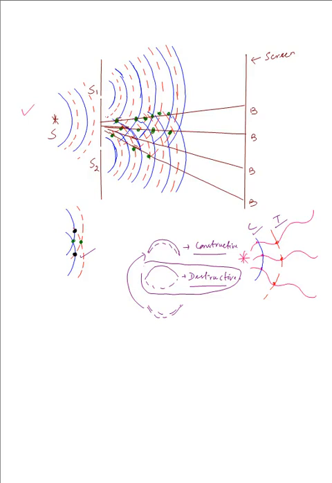Now considering the diagram at the top that I have drawn, this diagram has the single source from which we have obtained two sources using the double slit condition, that is the case of coherent sources.